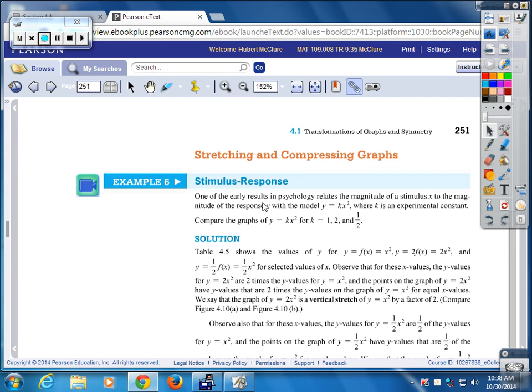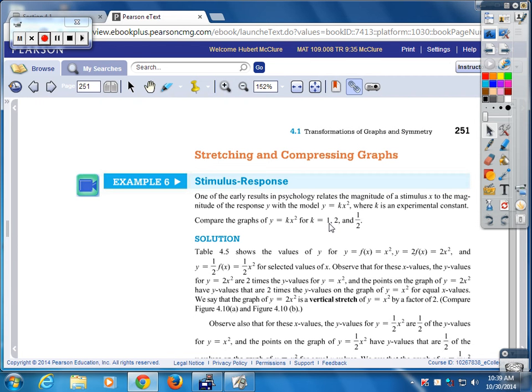One of the early results in psychology relates the magnitude of a stimulus, x, to the magnitude of the response, which would be y. Y is equal to k x squared, where k is the experimental constant. Compare the graphs of y is equal to k x squared and k is equal to 1, 2, and 1/2. Well, what's the 1?